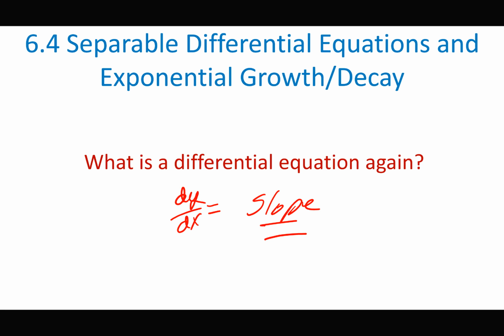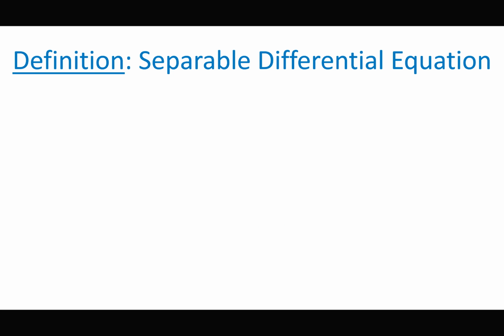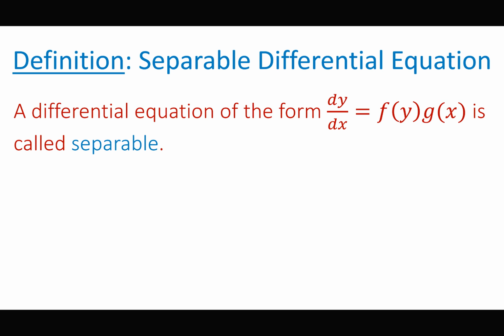All right, now we're going to expand on this and talk about separable differential equations. So a differential equation of the form dy dx equals, so that right there defines that it is a differential equation, we have some function f in terms of y and some function g in terms of x.